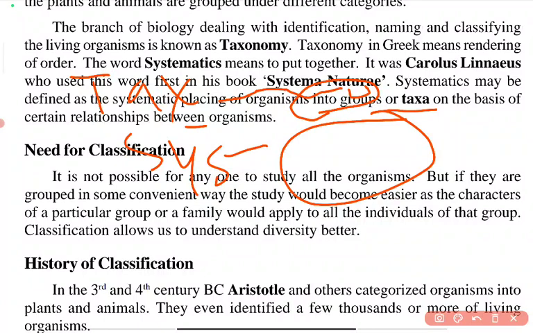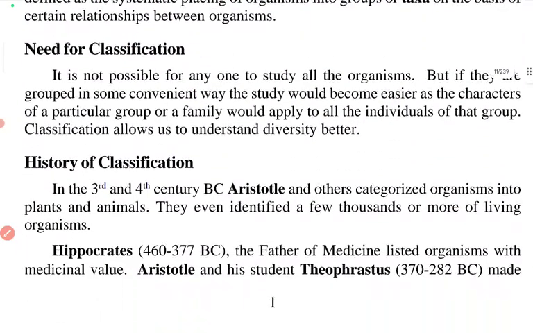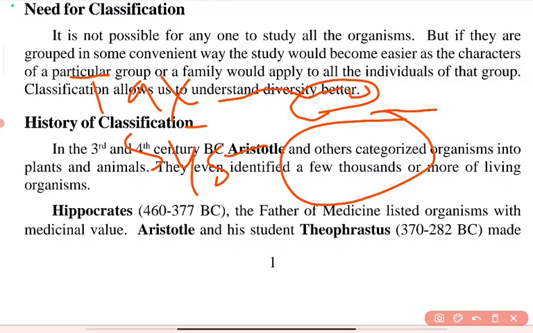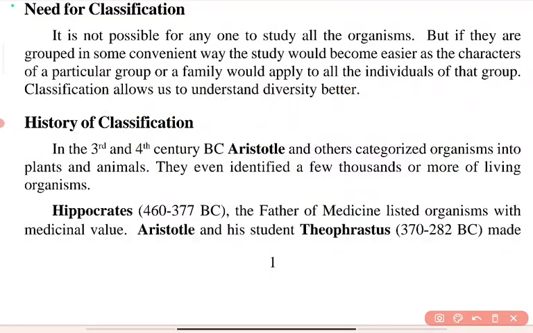Now the next one is the need for classification. It is not possible for anyone to study all the organisms. This is also important, friend. But if they are grouped in some convenient way, the study would become easier, and the character of a particular group or family would apply to all the individuals in the group.